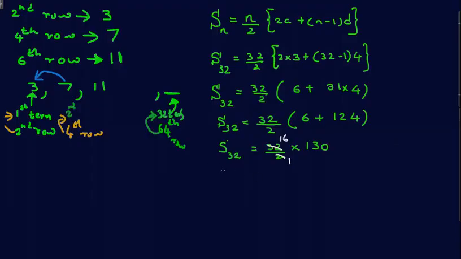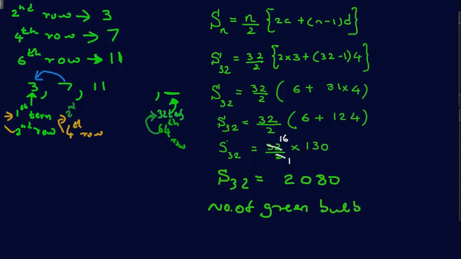When we do the multiplication, we get S_32 as 2080. So that's the number of green bulbs. Number of green bulbs equals 2080.